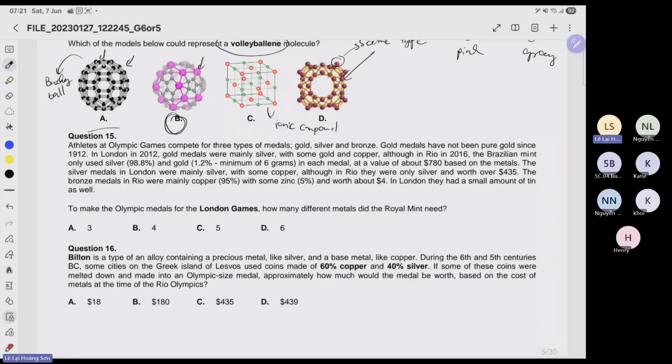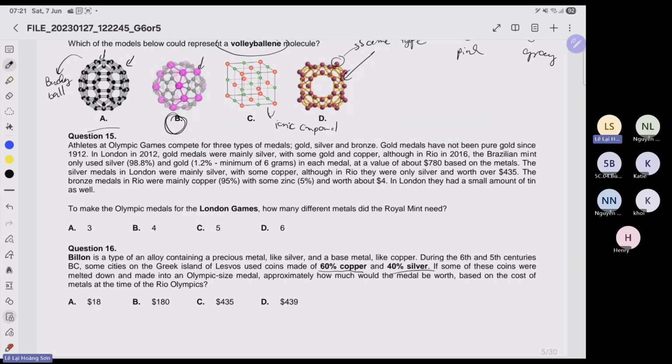Okay, we do the calculation then. Now we need to calculate the amount of copper, the amount of silver, and then multiply it by the money that we have. So we have three different metals.